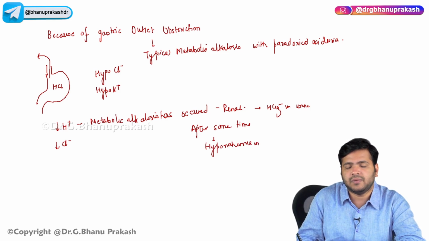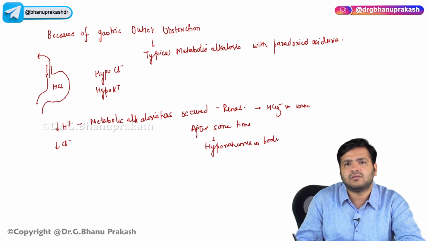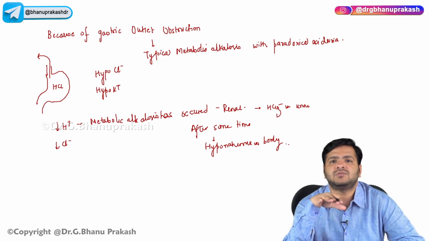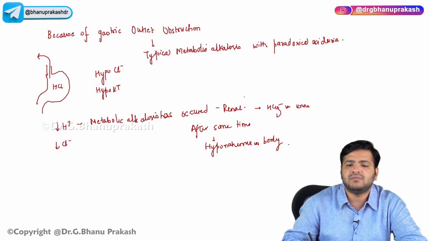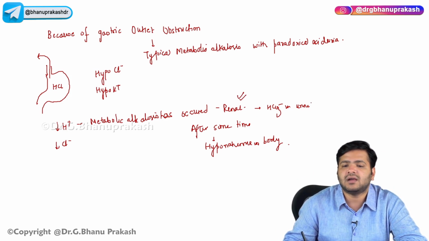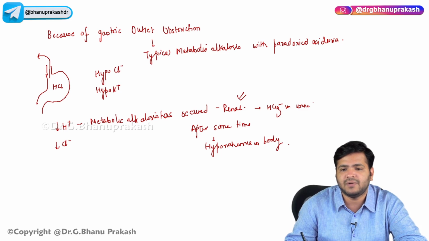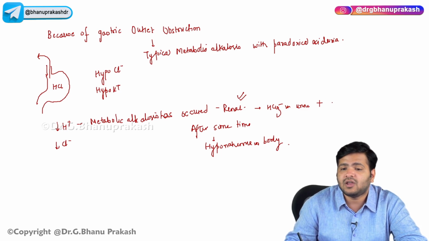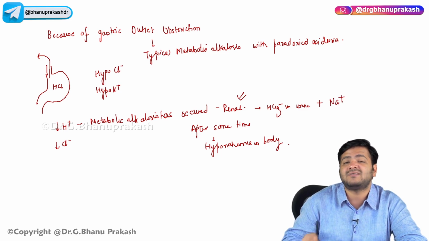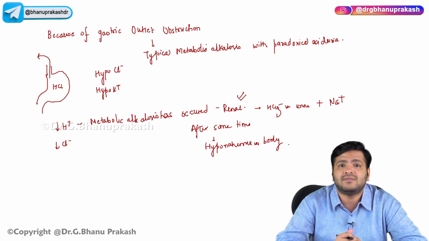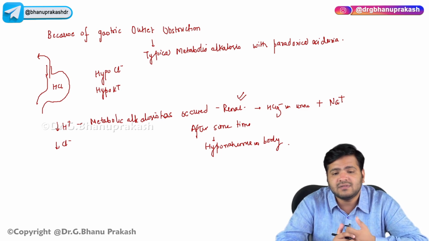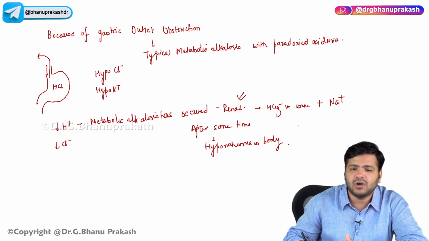You already know the H plus is moving out, and the renal compensation starts. This renal compensation will start secreting the bicarbonate ion to maintain the balance. And along with the bicarbonates, sodium ions will also get excreted in the urine. After some time, there will be hyponatremia in the body.